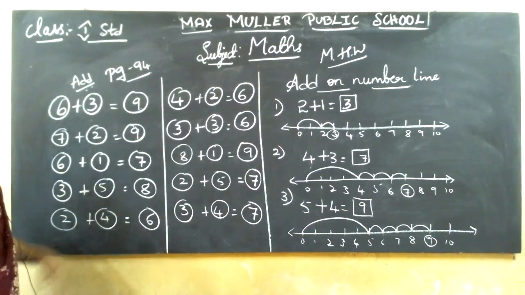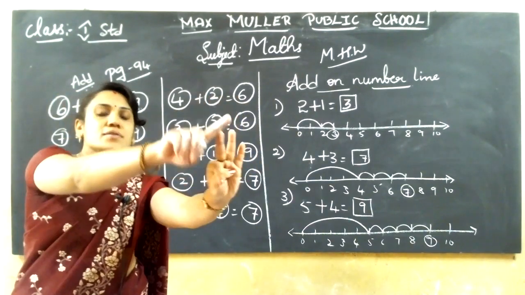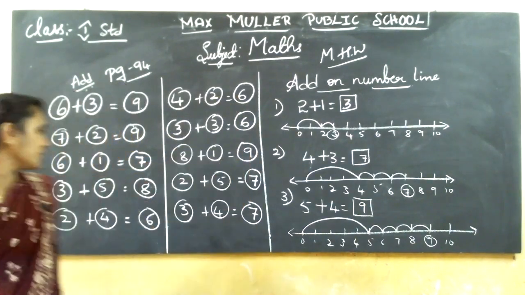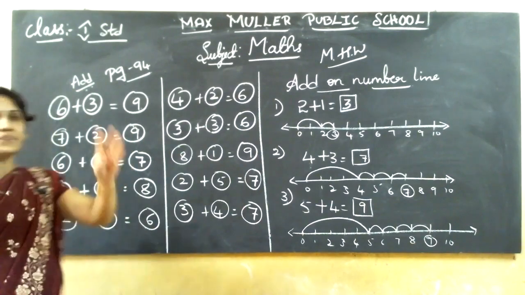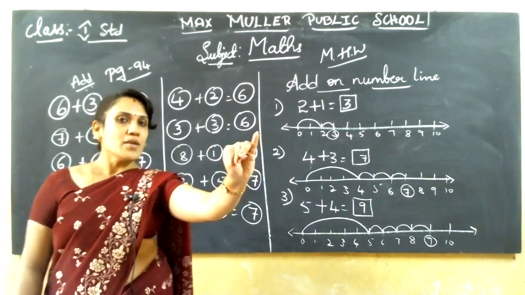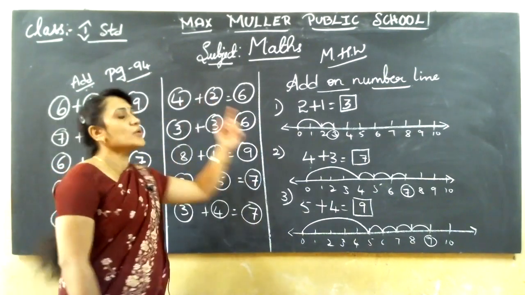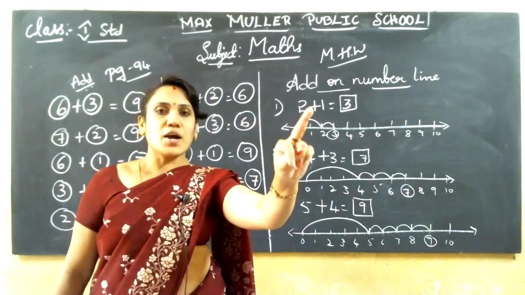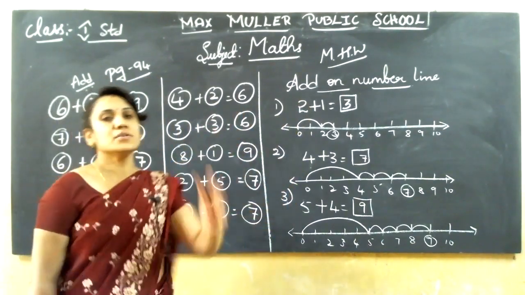Next 3 in the mind, 5 in the finger. After 3, 4, 5, 6, 7, 8. Next 2 in the mind, 4 in the finger. After 2, 3, 4, 5, 6. Next 4 in the mind, 2 in the finger. After 4, 5, 6. 3 in the mind, 3 in the finger.